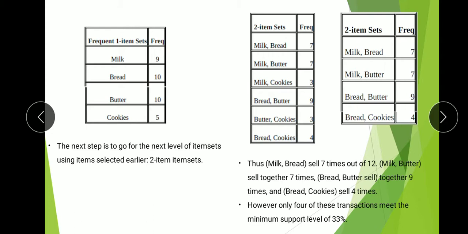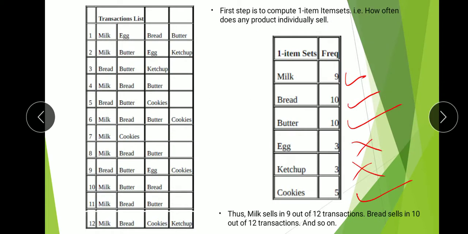Let us see how many times milk and bread are bought together. We need to see the original transaction table itself. Milk and bread together: in the first transaction we have milk and bread together, yes, 1.